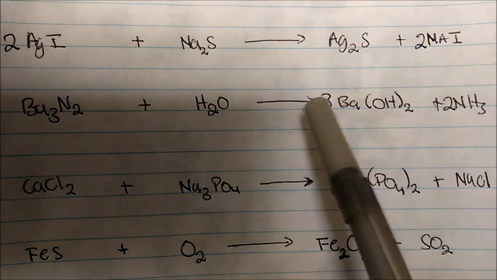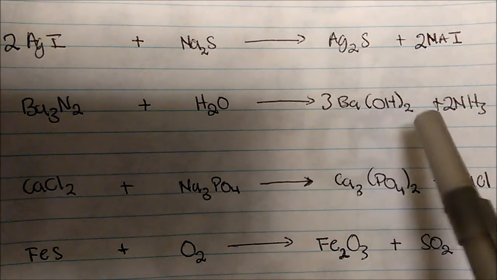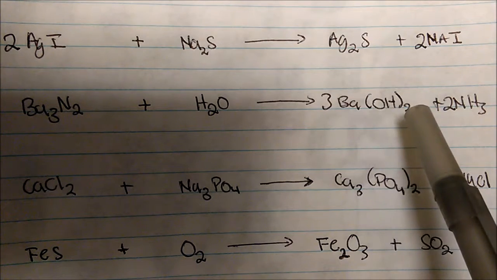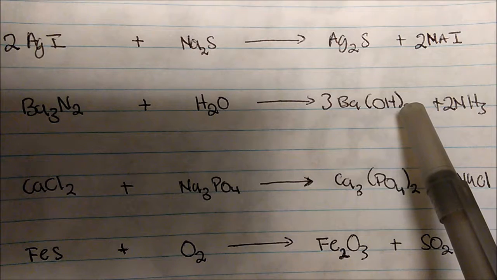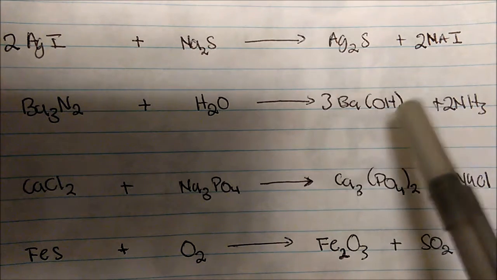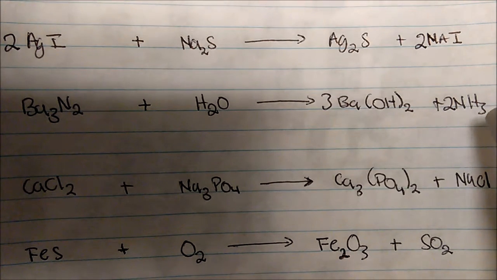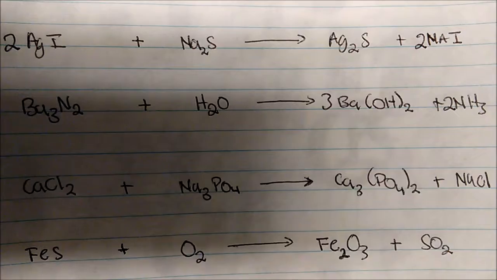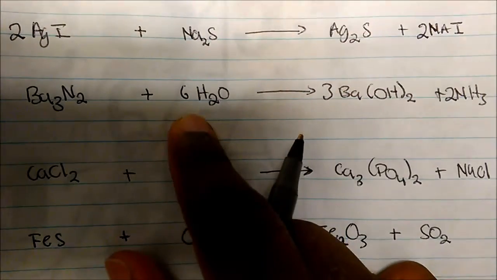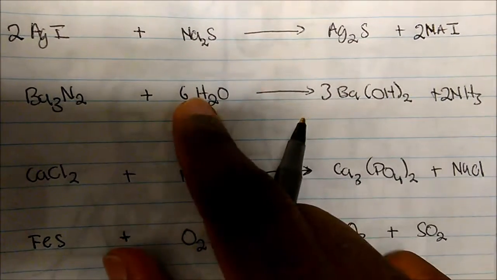But this 3 multiplies across. If I take a look at the subscript, I have 2 oxygen and hydrogen, but this 3 is going to be multiplied by this 2 here. And so I have 3 times 2, which is 6, plus 6. So in fact, I have 12 hydrogens on this side. And if that is true, 2 times 6 happens to be 12 also. So now my hydrogens are actually balanced.